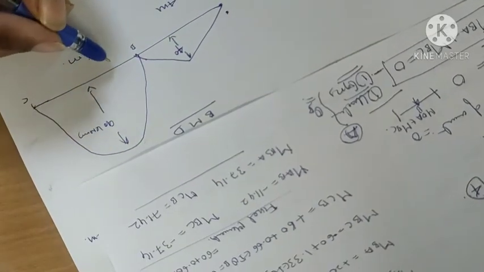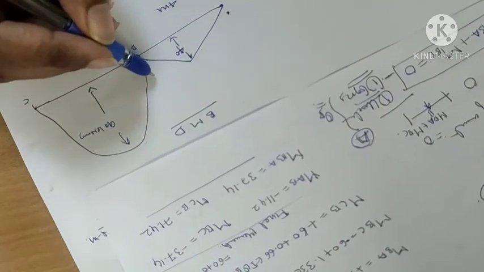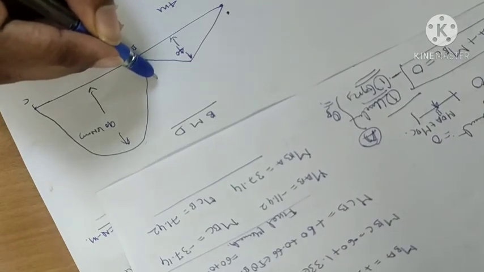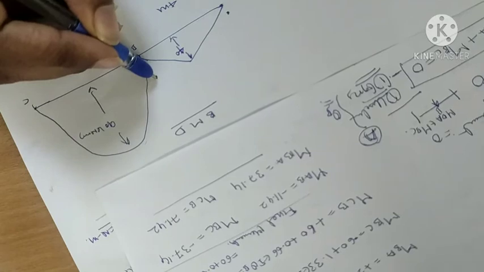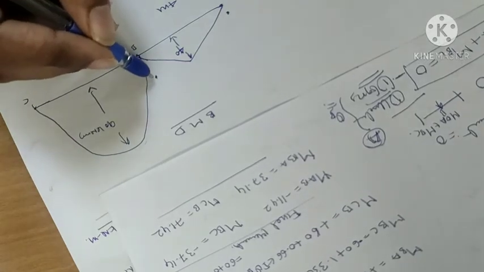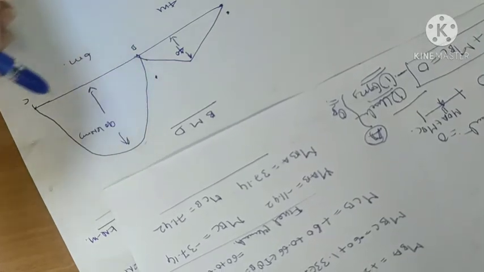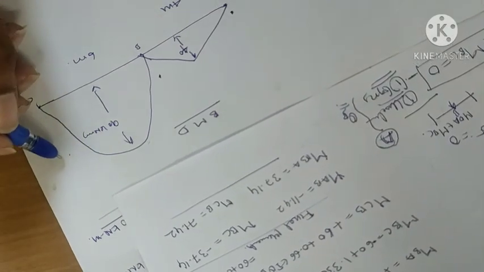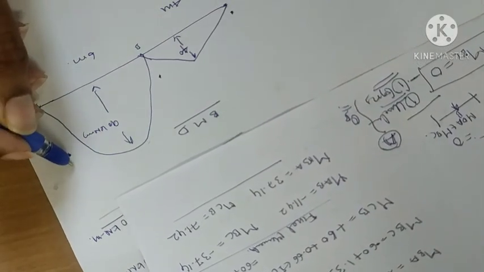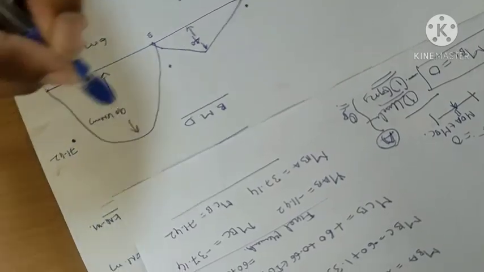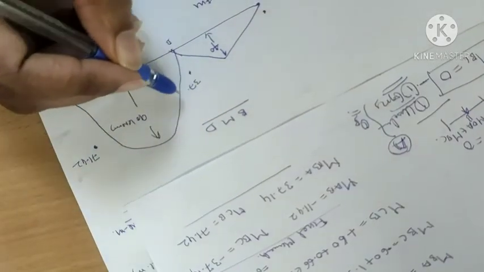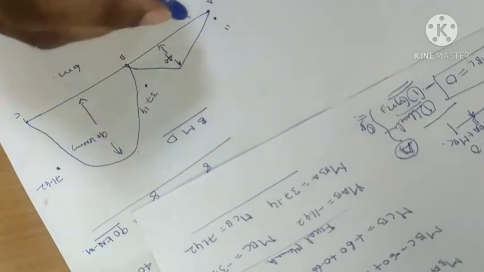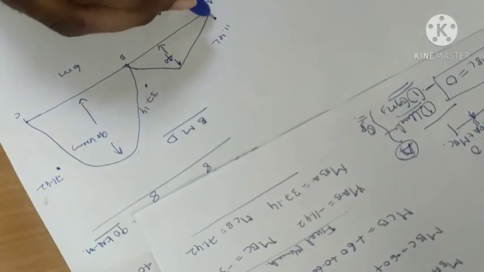MBA is how much? 37.14, somewhere here. MBC is also minus 37.14. It will be here. What is MCB? MCB will be 71.42. This is 37.14. This is 11.42. Join this.